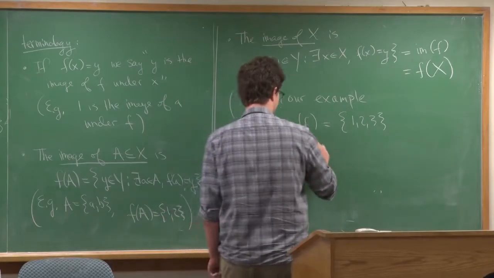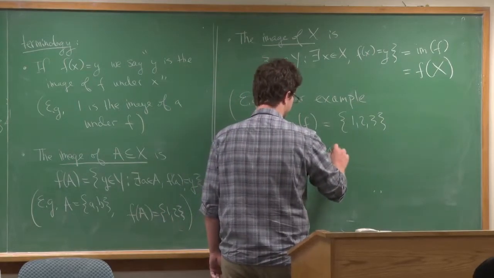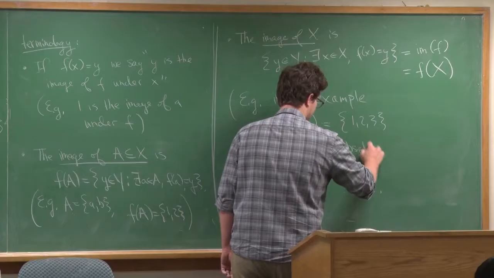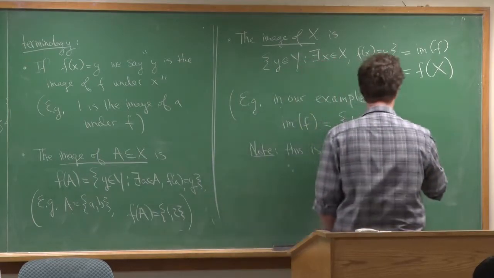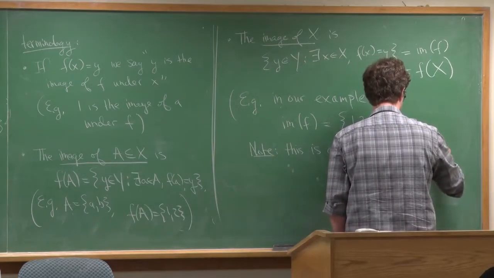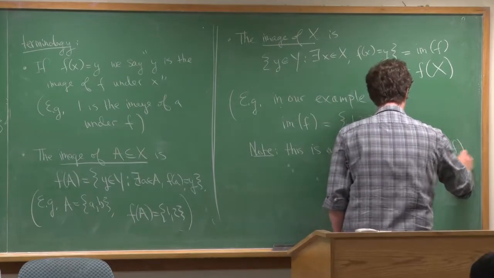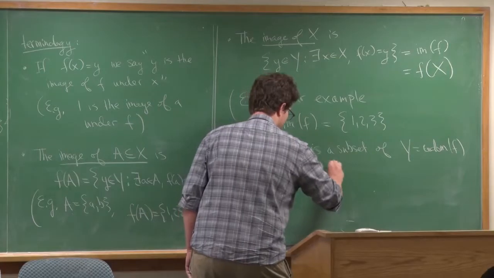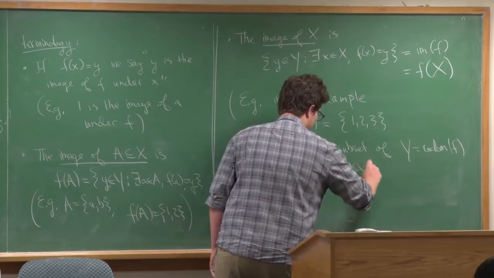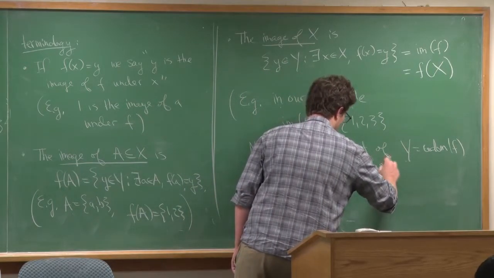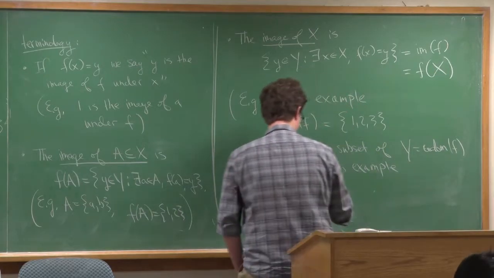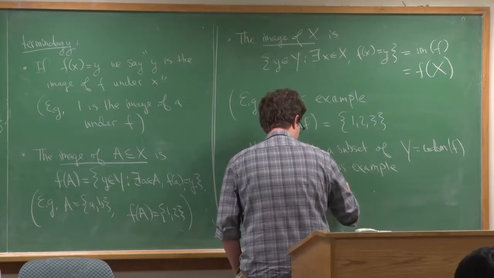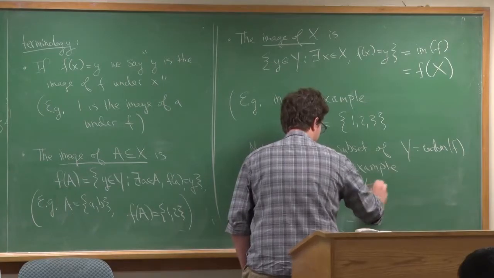This is a subset of the Y, which is the codomain of f. And in this example, the codomain of f is not equal to the image of f.